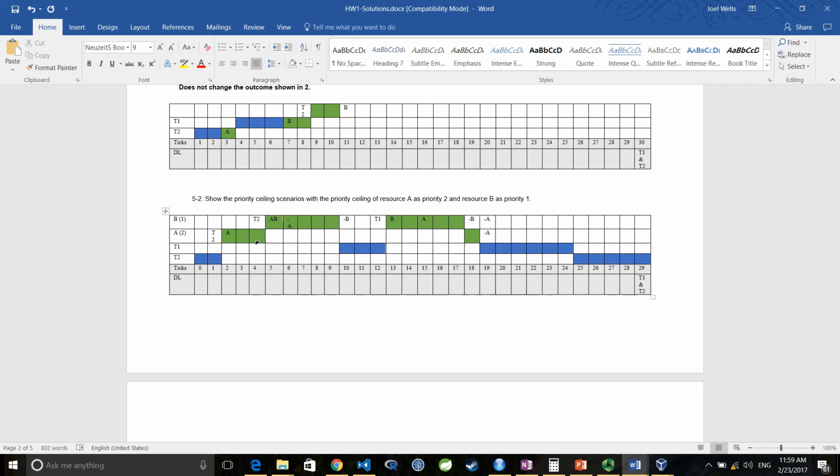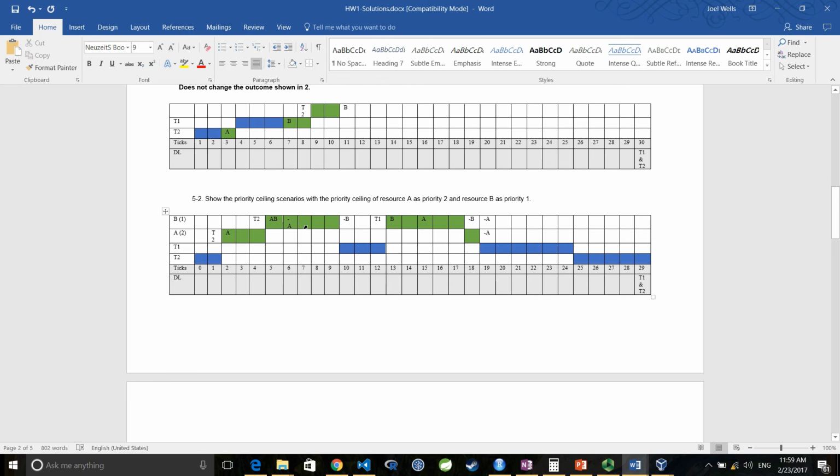It's elevated as soon as T2 requests the resource rather than as soon as a higher priority task requests the resource. So because we get elevated early, now when I go to ask for my next resource, B, I do get elevated to an even higher priority because B has a higher priority than A.